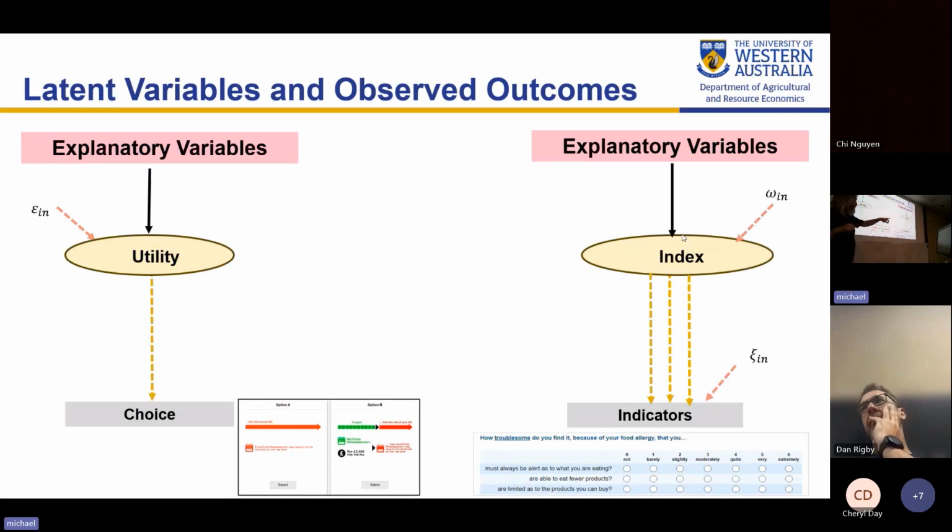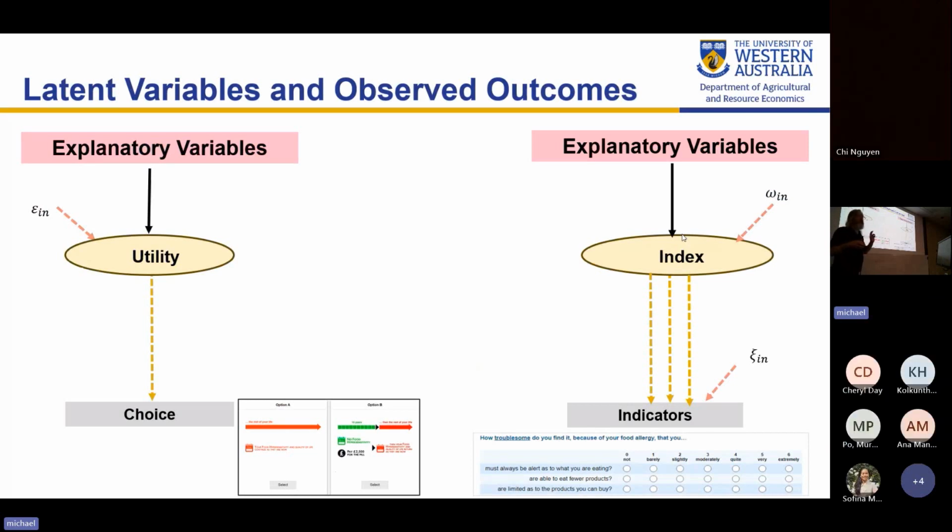I've only put three little downward sloping arrows in here connecting index to indicators. There should be 29 of those, one for every question they've answered. So we're abandoning the idea that we can just average out all of these indicator questions. Each one is going to be treated on its own, and we're going to explain the answer they gave based upon this unobserved latent, which I'm going to call an index, but it's some sort of severity condition.